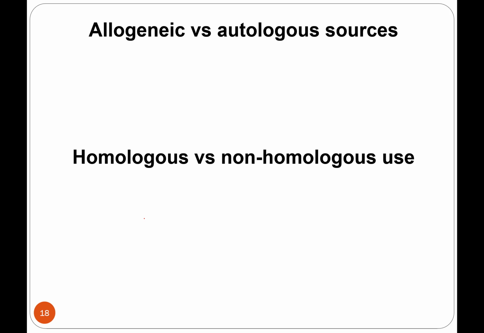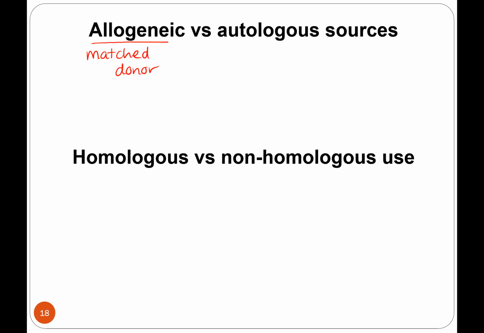The last thing I just want to give you, you may run into these terms. So if you read anything that says allogeneic, means that you have a matched donor. So this is like when you're doing a bone marrow transplant, you get it from an allogenic donor.